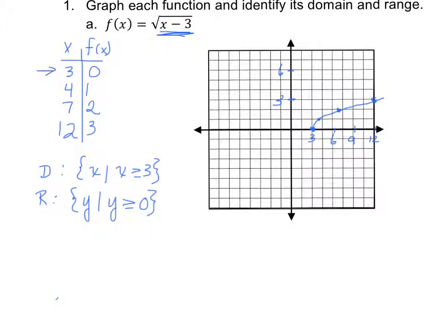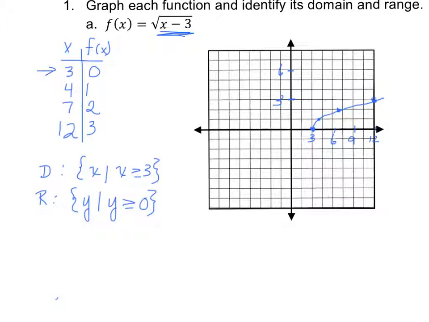We can see that I plotted just a few points to get an idea of what that curve is going to look like, the square root, with the parent function being the square root of x. And here, because we've got x minus 3 under the radical sign, the domain is going to be all x's such that x is greater than or equal to 3, and all y's for the range such that y is greater than or equal to 0.